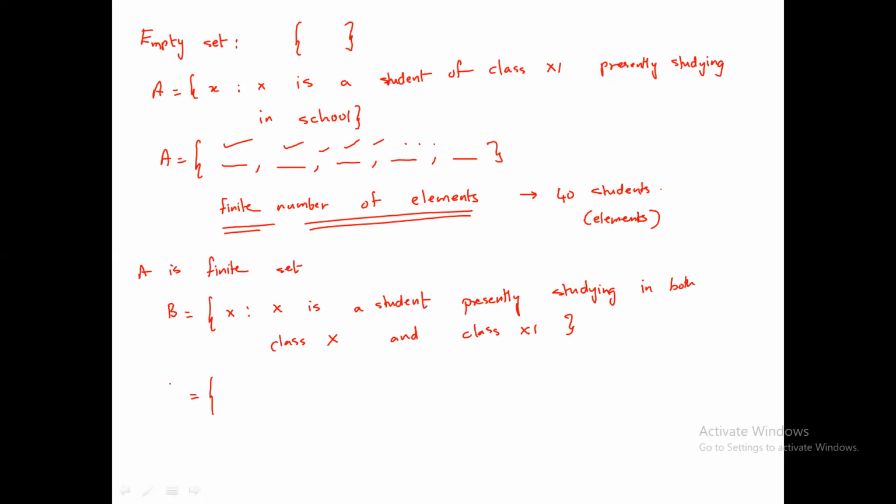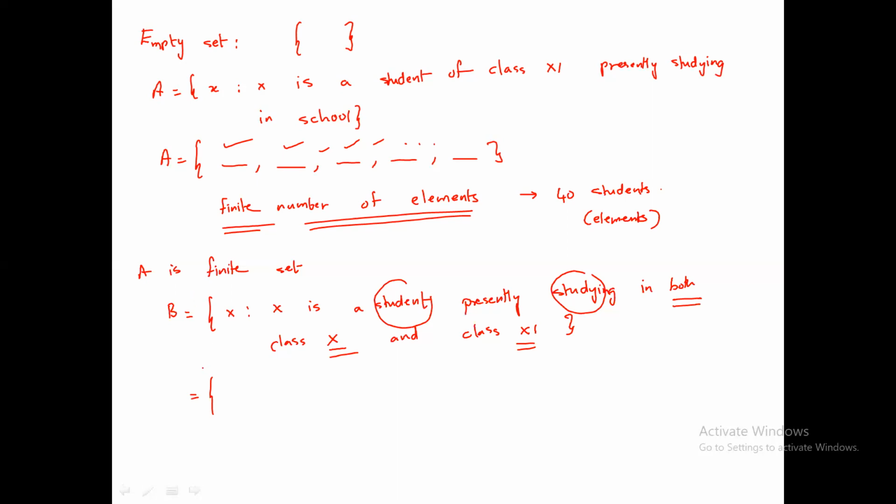But the logic is, can a student study in both 10th and 11th class at the same time? You take your case only. You are the students of class 11. But are you studying class 10 also? No. You have already passed class 10. You need not study again. You came to class 11.